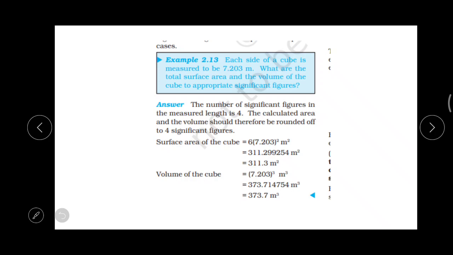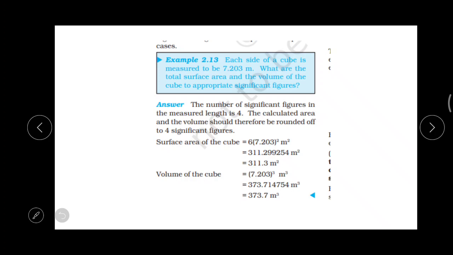Now let us come to the volume of the cube. Volume of the cube is L cube, and the obtained value is 373.714754. In this case also we have to round off, from that 1 onwards, the uncertain value, isn't it?